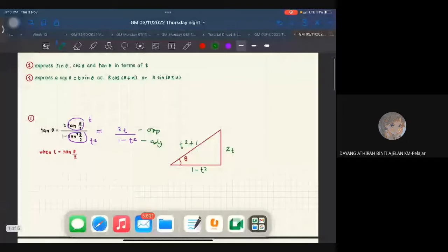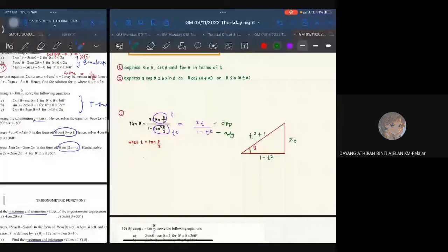Soalan yang ini, dia kata dekat awak, you need to... saya letak kat sini. So, kita ada t equals to tan, times this double angle formula. Okay, so awak kena tukarkan this double angle formula.